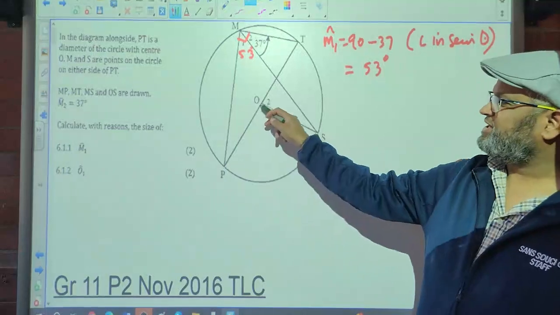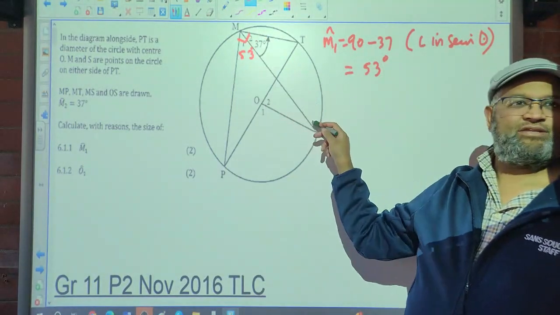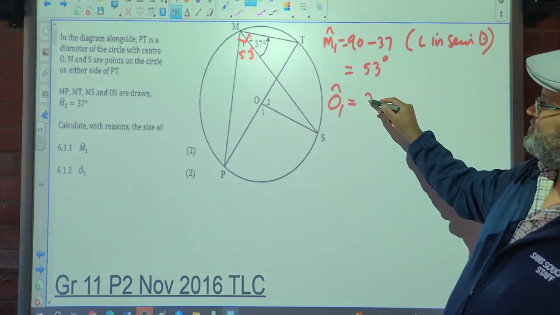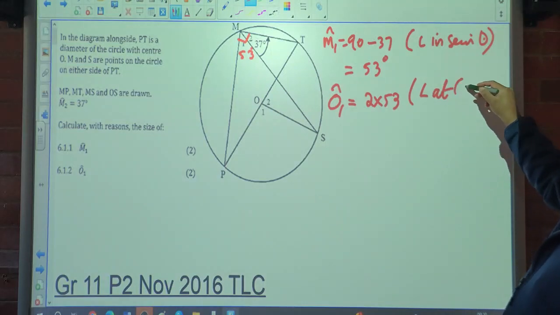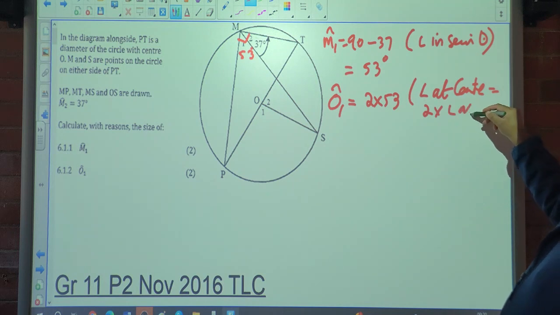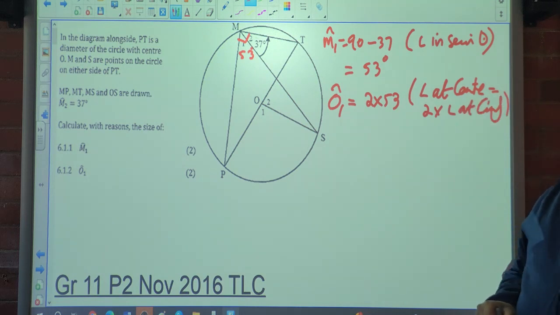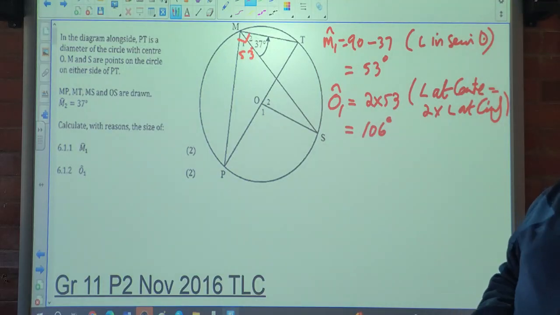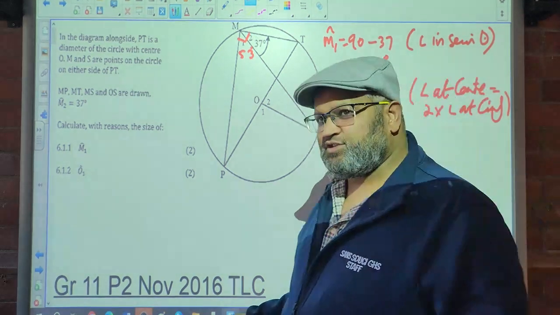We already said that angle O1 is going to be double M1. So O1 is equal to 2 times 53. Why? Angle at center is equal to 2 times angle at circumference. Gives you an answer, 106 degrees. Okay. Any confusion there?